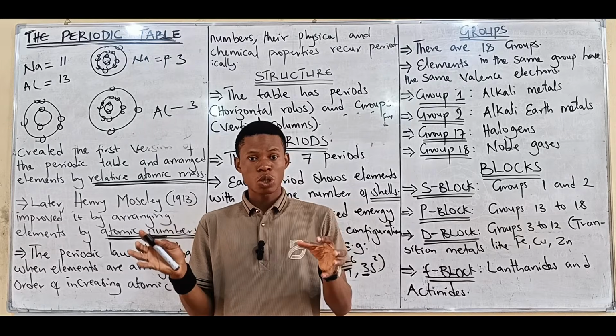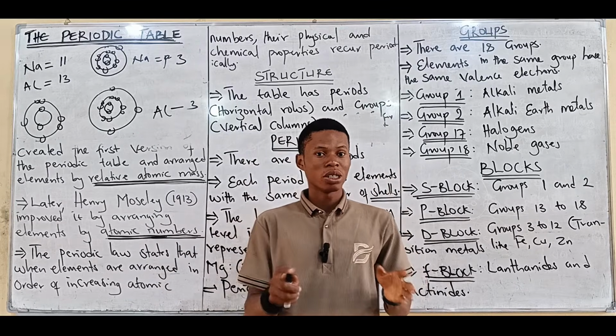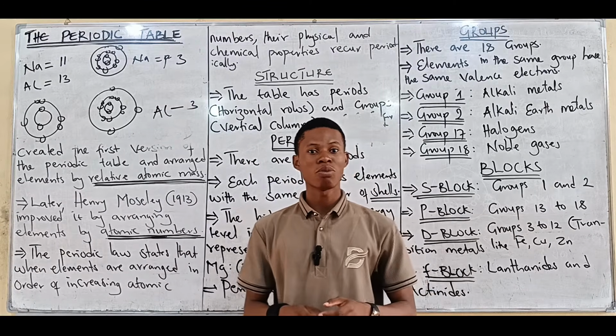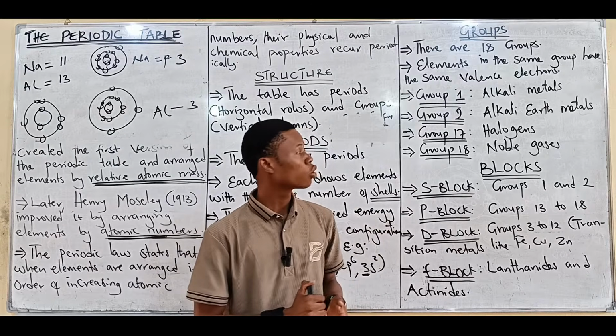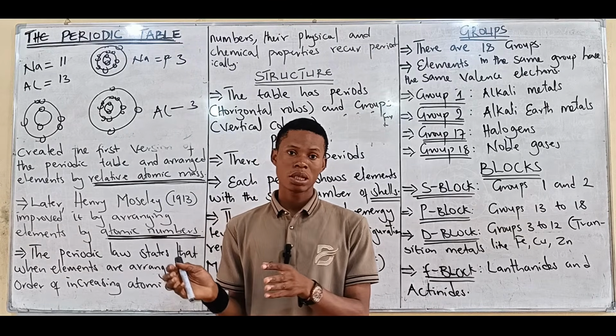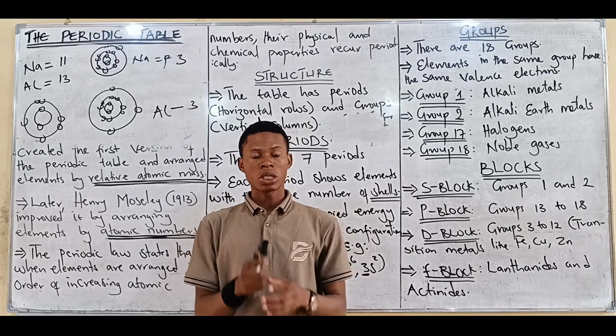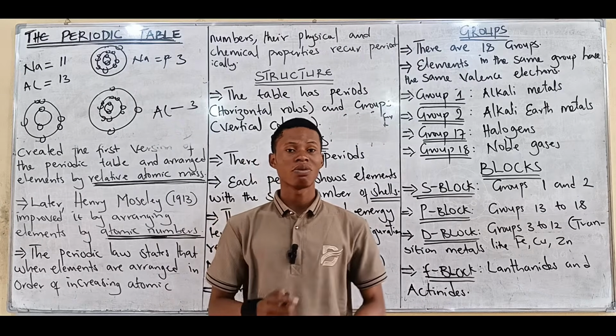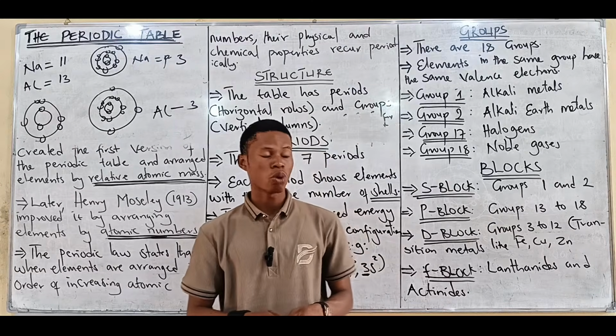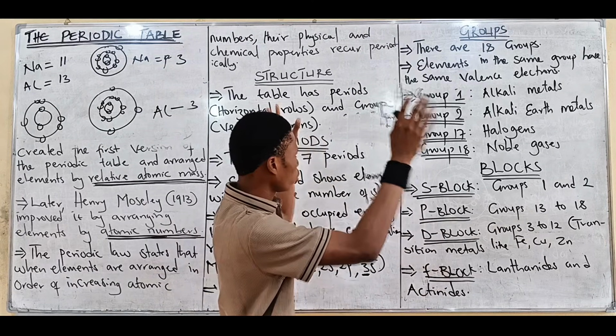There are 8 groups, but take note that in the current scheme, we have 18 groups, and they are not different. I will explain when I draw the periodic table. But in any exam, if you are asked how many groups we have, there are 18 groups, and I will explain why when we draw the periodic table.